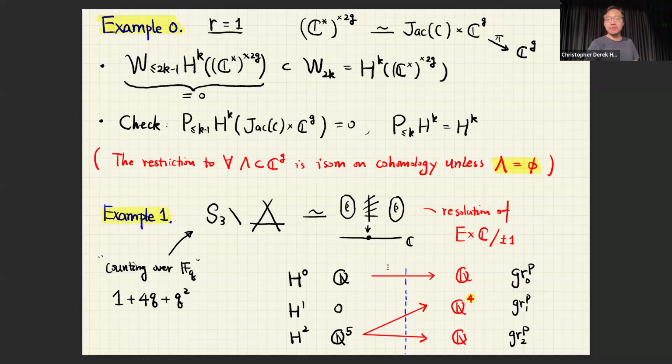This is actually the first place where you see something non-trivial happen for the perverse filtration. The cohomology of this space is very easy to analyze. You have one class in H^0, which is the fundamental class, there is no H^1, and there are 5 classes in H^2. So this elliptic surface has 5 classes.